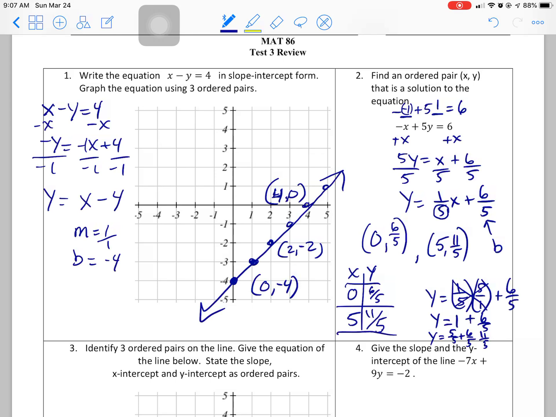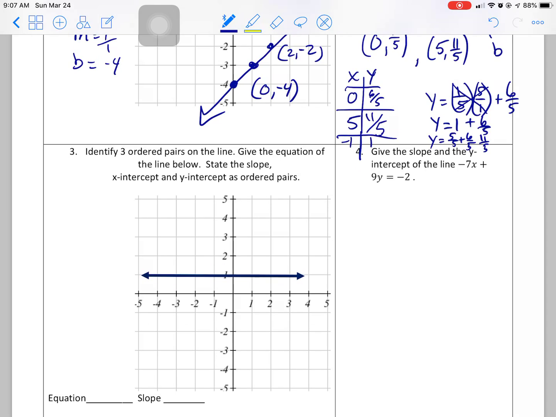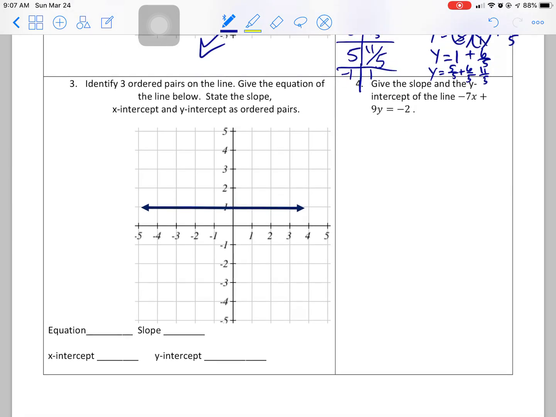So another ordered pair would be (-1, 1). It'd be easier with graph paper, but you can still guess and check your way to that one. That one's hard because it's got fractions. That's what I said, this is not in order. So if you get one that you get stuck on in the test, make sure you just skip it and go to one that you know how to do. That one was kind of tough.